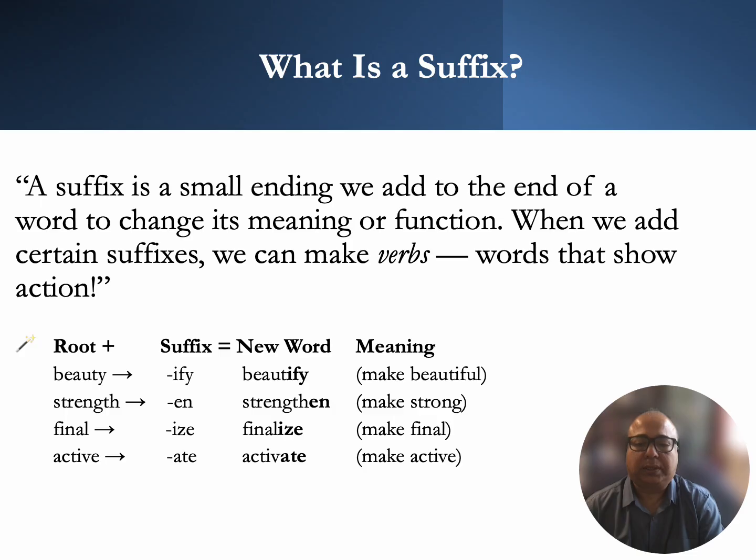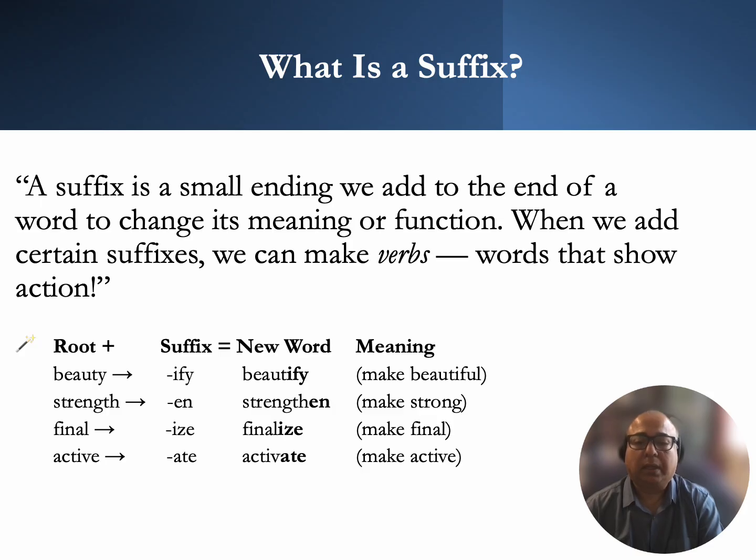As I just explained to you, a suffix is a small ending, and we add it to the end of a word. That changes the meaning or function of the word. For example, if you have a word like beauty and you attach -ify to it, it becomes beautify. Now, beauty is a noun, right? And attaching -ify makes it beautify, and it means to make something beautiful.